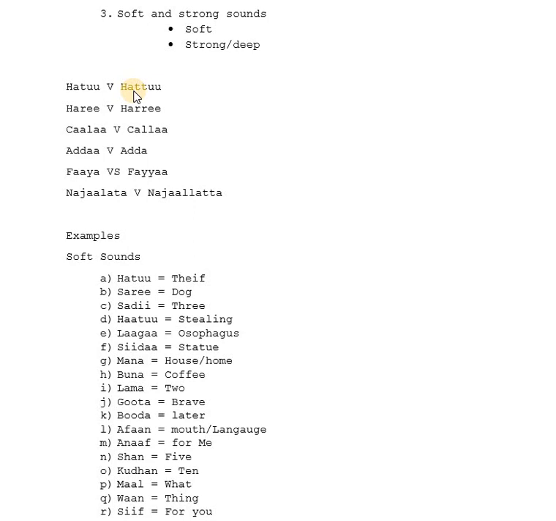There is no other alternative for writing Oromo, even to read or to say. If I have to say hatu, I have to write it that way. If I have to say hattu, I have to write it that way. If I have to say hare, I have to write it like this. I can't say it the other way because that is another meaning, and I have to write it that way.